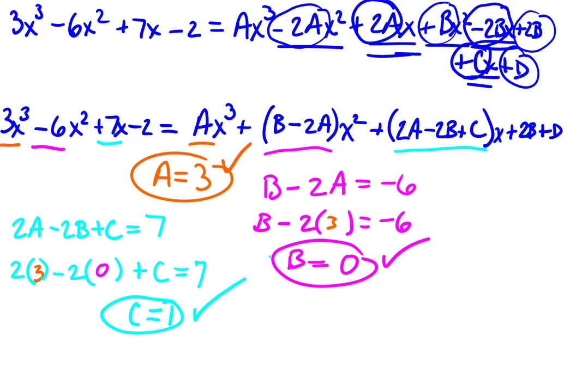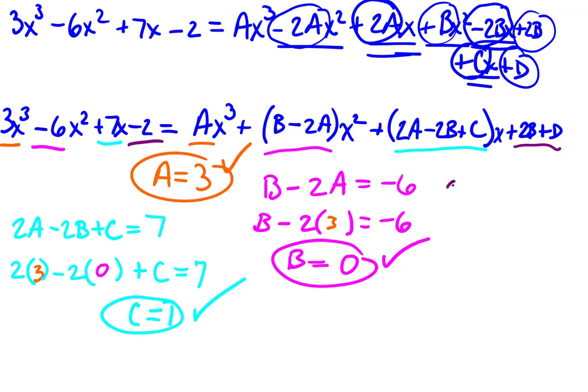All right, so now we've found a, b, and c, but notice we're not quite done. We do have this variable d at the end. So let's take one more step in this direction where we're still comparing the left and right sides. Notice on the left side, we have not dealt with this -2 constant term yet. So that's next. That constant term, which does not have an x with it, of course, would have to equal the constant terms on the right side, which don't have an x, which in our case is 2b plus d.